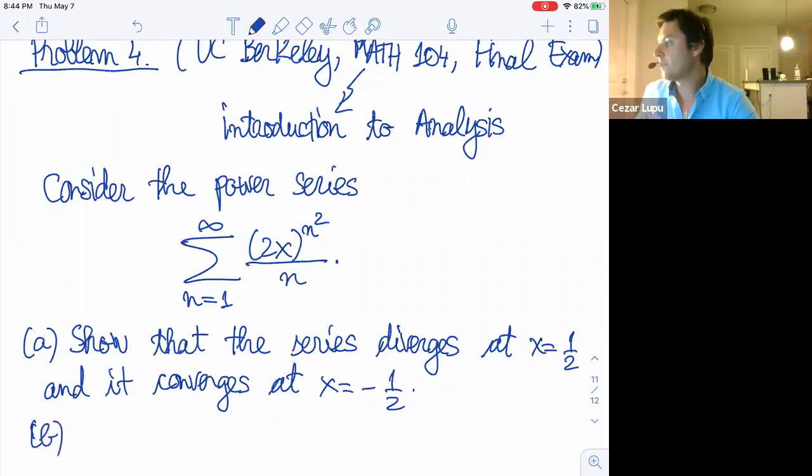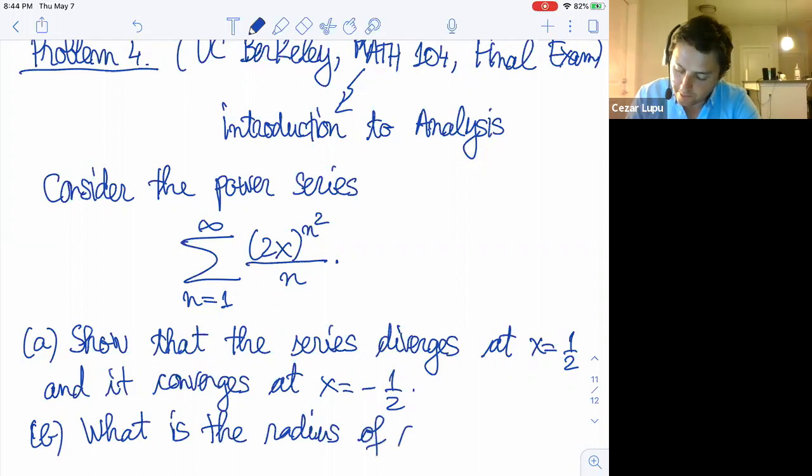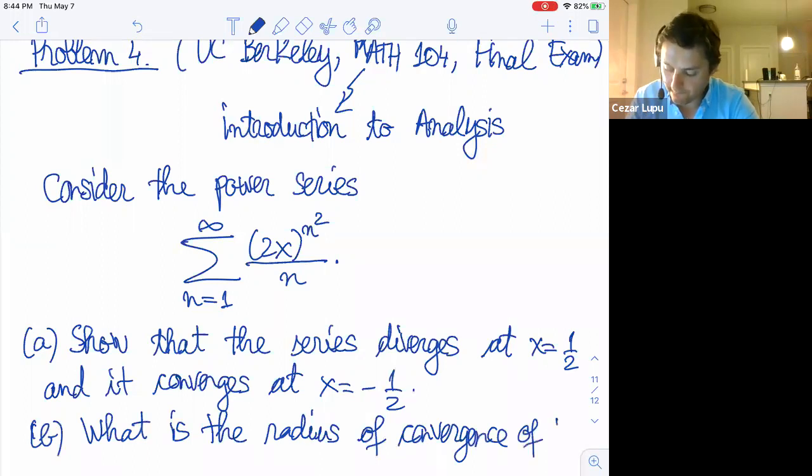And part B says the following. What is the radius of convergence of the series?